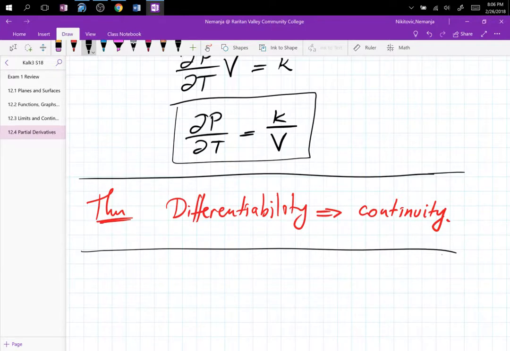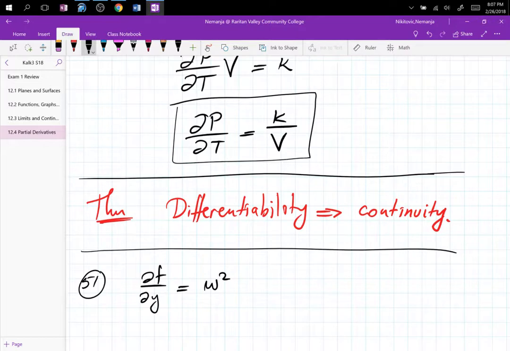Let's take a look at some wonderful examples. So this is more than two variables. Problem 51. Find the partial derivative of your function f with respect to, let's say, y, it doesn't matter, pick whatever.